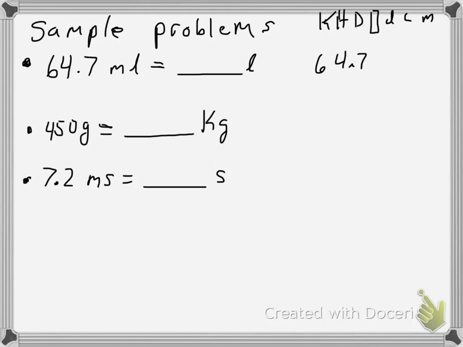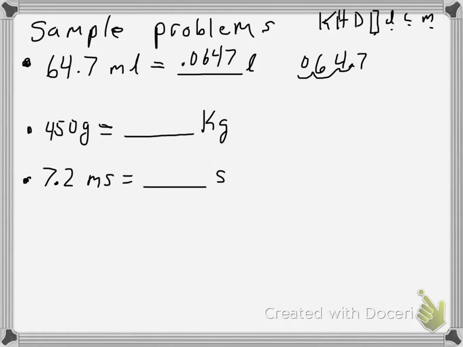So we're going to go from milliliters to liters, which is right here, base unit. That's a jump of 1, 2, 3. So we're going to jump 1, 2, 3. So our answer is 0.0647.